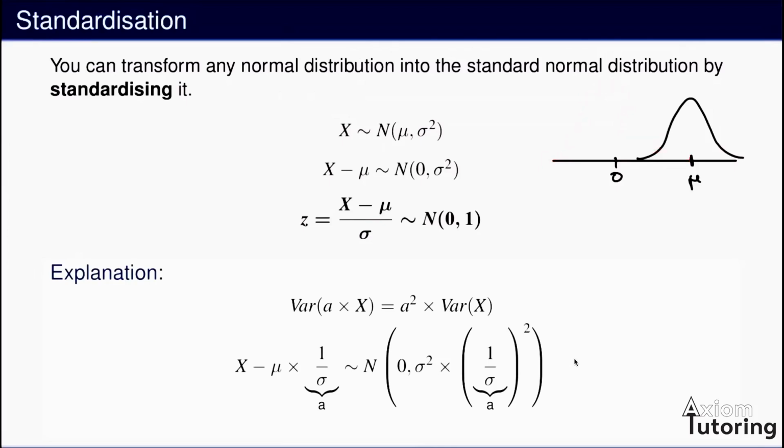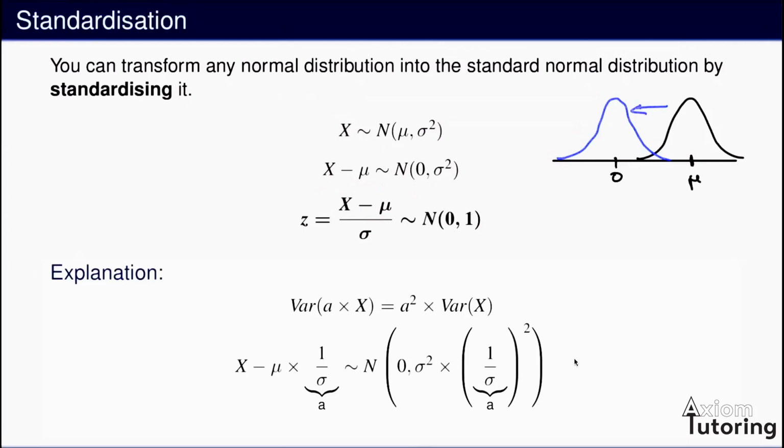Well, you can sort of see that if I was looking at x minus mu, my distribution would look something like this. It's just a translation to the left of my entire distribution. So the variance hasn't changed, but now the mean would become 0. So this is what we did here.